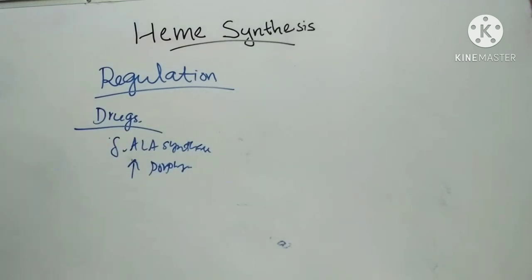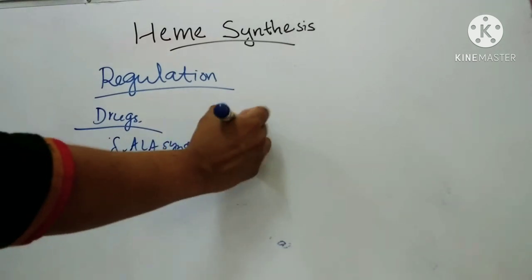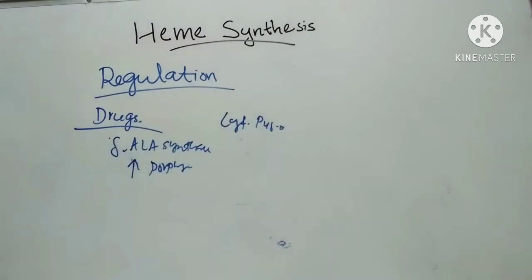Most of these drugs are metabolized by the system in the liver that utilizes a specific cytochrome called cytochrome P450.